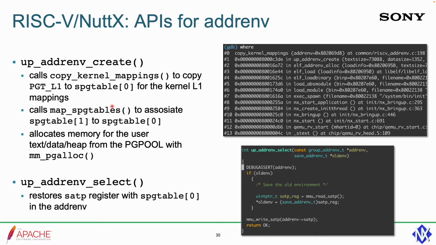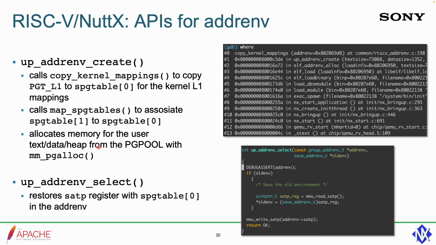Then call map_spgtable to associate spgtable 1 to spgtable 0, and finally allocate memory for user text, data, and heap from the page pool with mm_pgalloc.